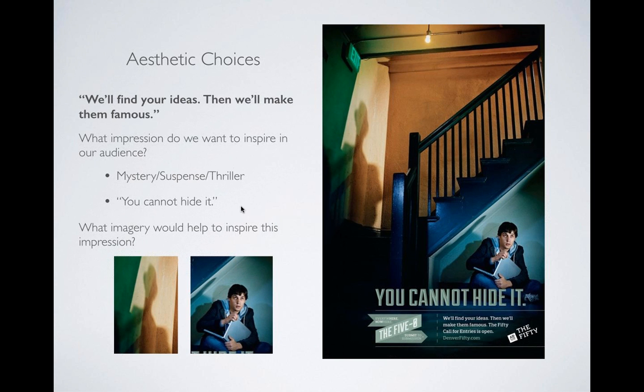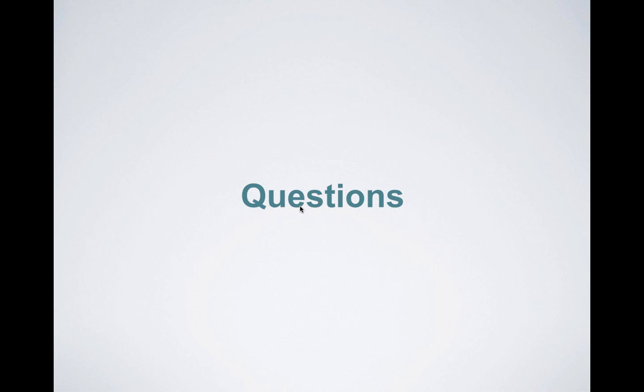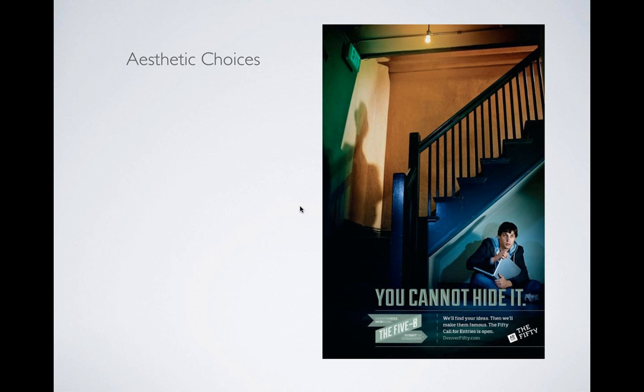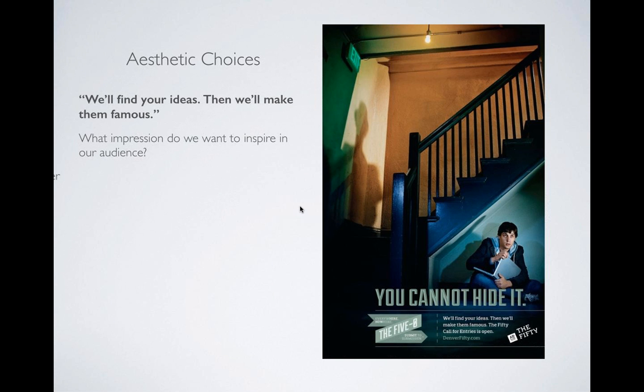So they use the "you cannot hide it" slogan. That's very ominous and a little bit threatening. And select that imagery to support that. The fearful young man with the face that, again, that's that sense of empathy we have, expressions of emotion, and the very ominous, shadowy figure coming down the stairs. So that was just a quick look at how that would play out.